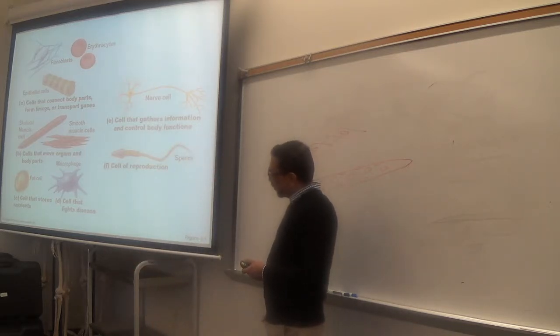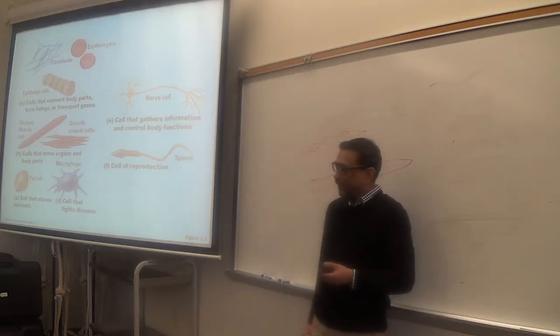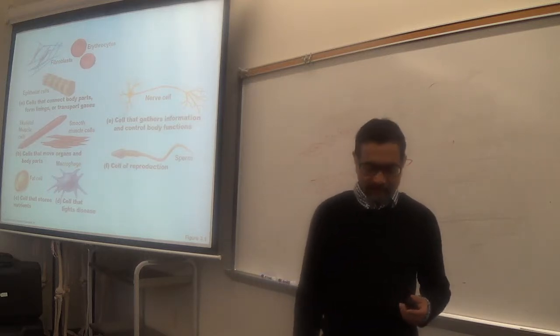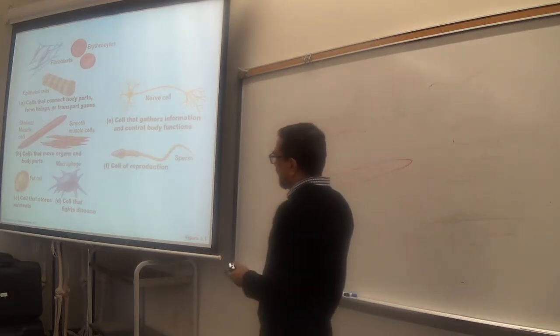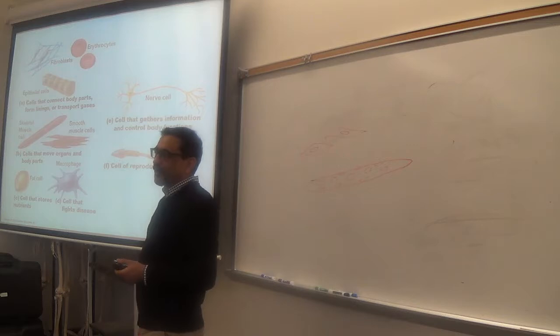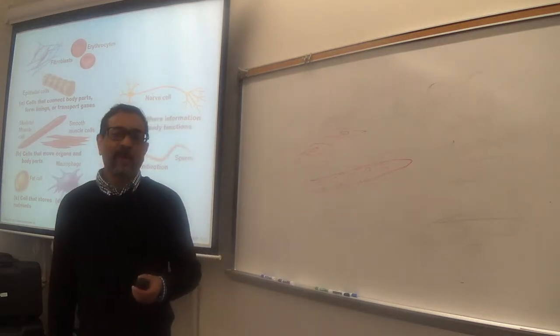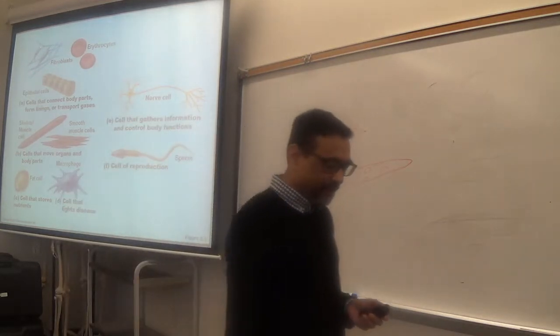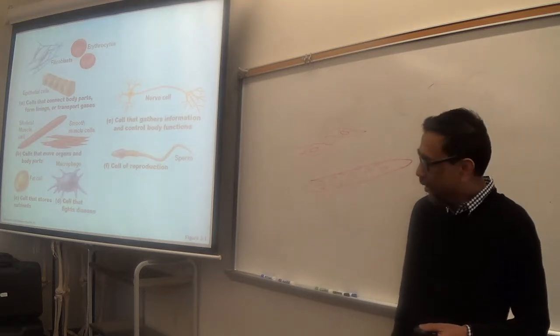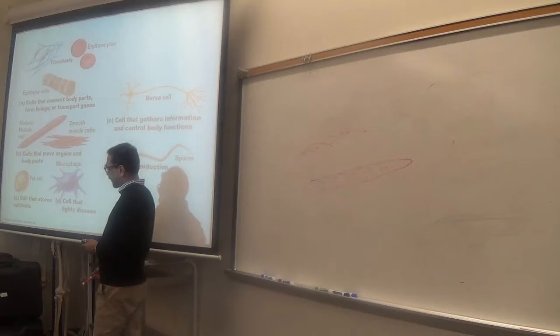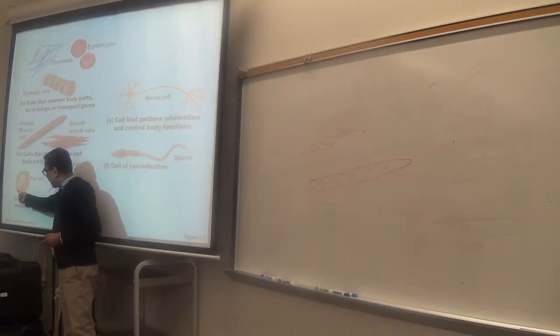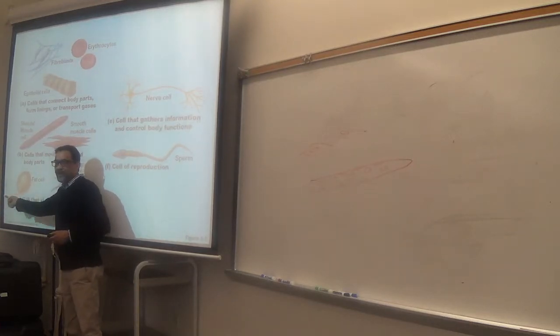Now if you go down on the bottom left, you see a fat cell, yellow color. It is a fat cell. Nucleus is located or attached to the cell membrane, peripherally located nucleus, not in the center. In most of the cells, we see nucleus is in the center, but in this case, you see the nucleus is attached to the membrane.